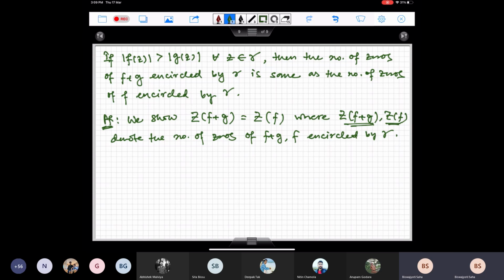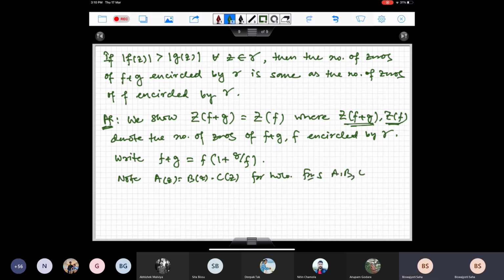Write f plus g is equal to f into 1 plus g by f. This is how I'm going to write f plus g, and it's a very simple observation. Note that, let's say I have a(z) equal to b(z) into c(z) for holomorphic functions a, b, c.